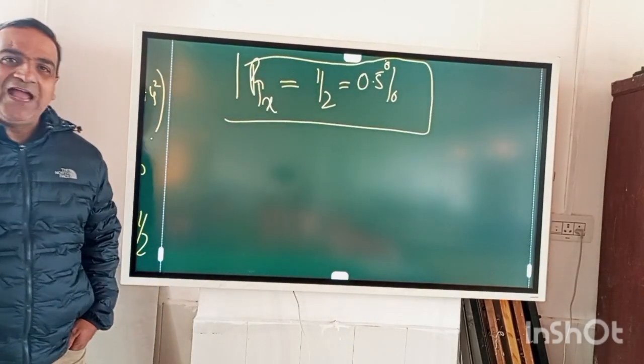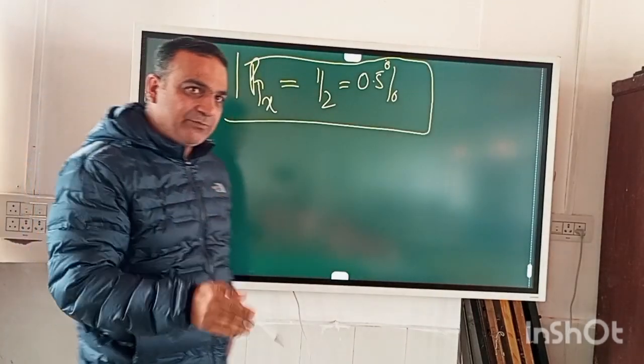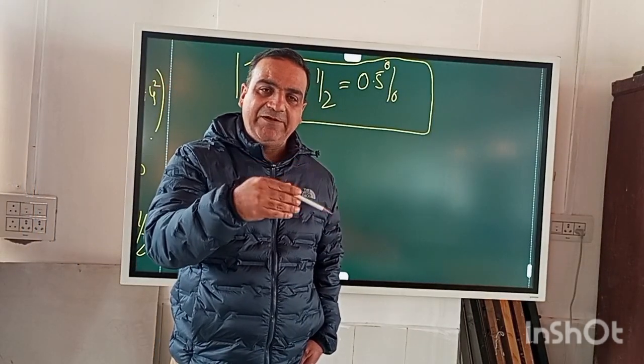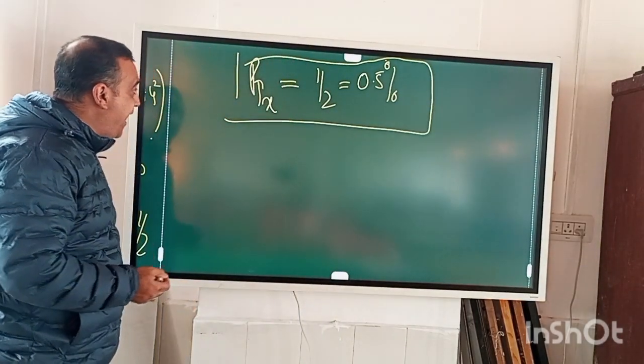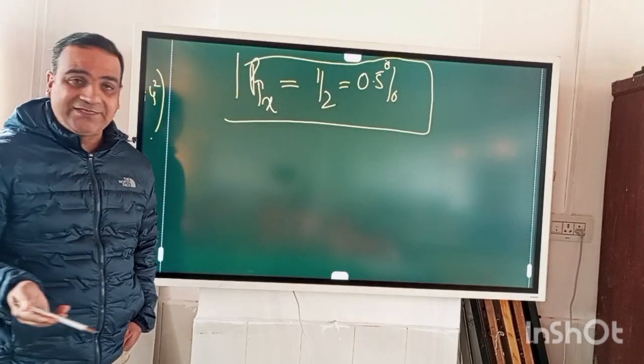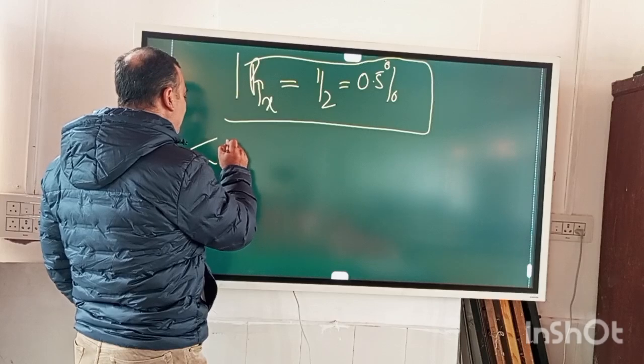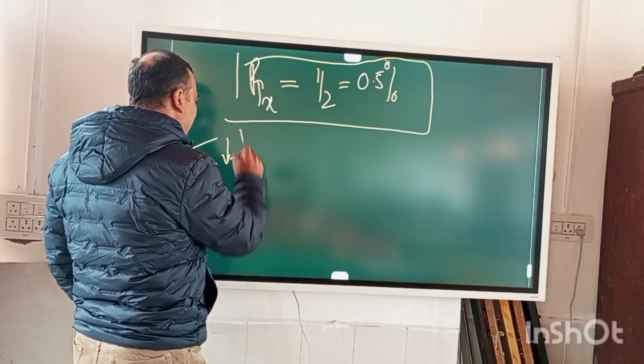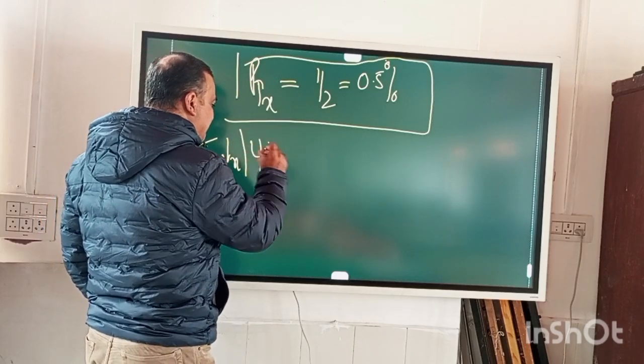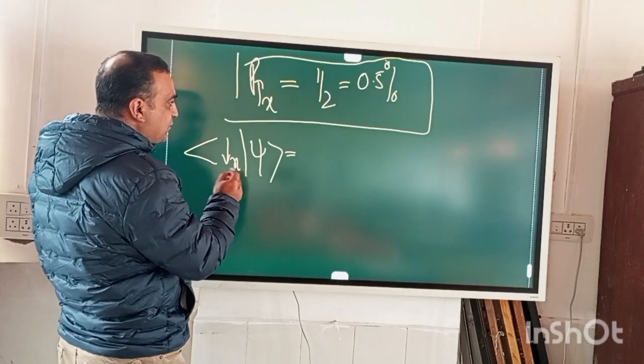Now, extending out the same discussion on getting the probability when we have spin down along x. For that, I'll be doing the same calculations. So what I'll do is take the bra of spin down along x, then the state psi.